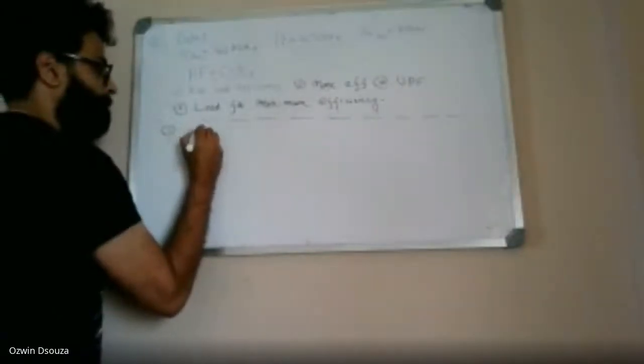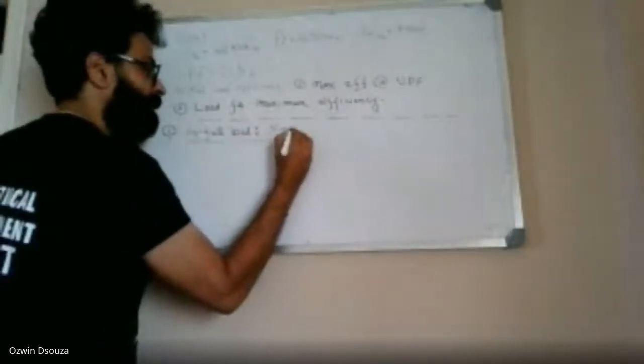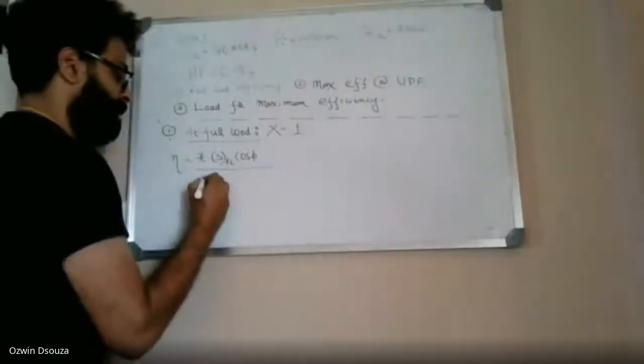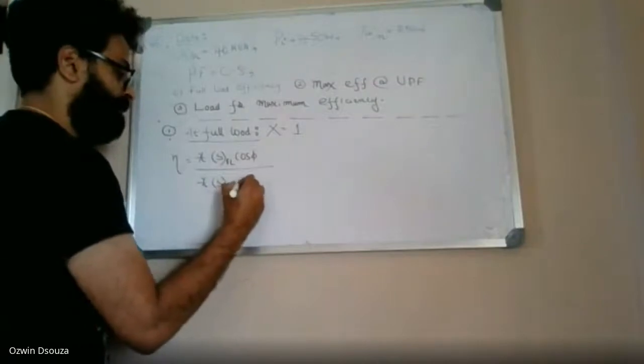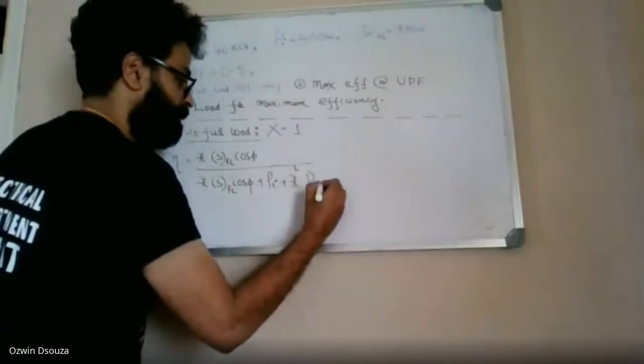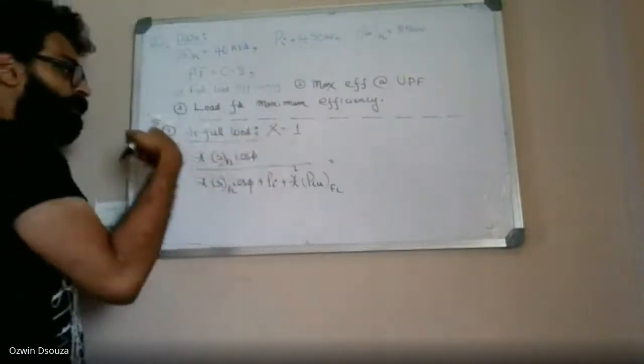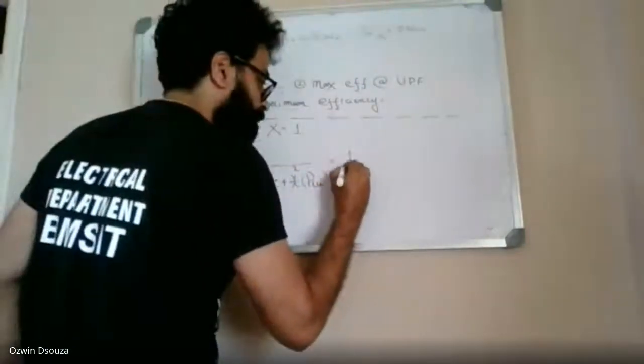So at full load, we know that X is 1. So you can write the general efficiency relation: X SFL cos phi divided by X SFL cos phi plus iron loss plus X square times PCU full load, which is equal to, for full load, X is 1 into SFL.